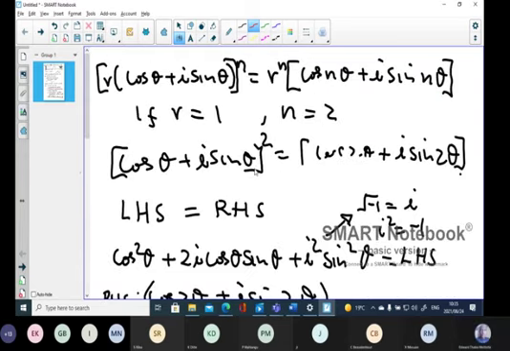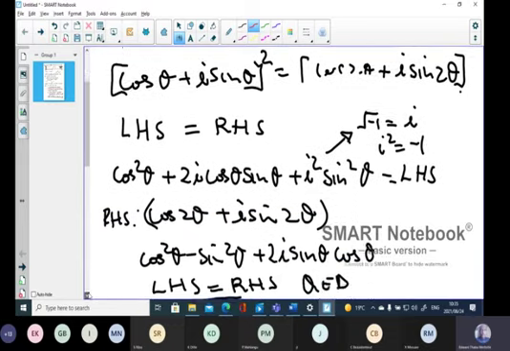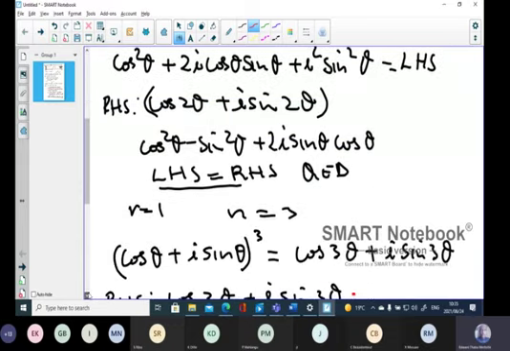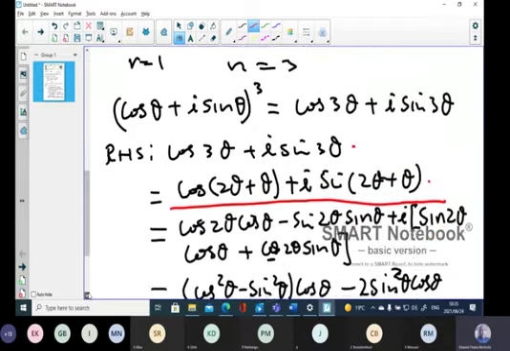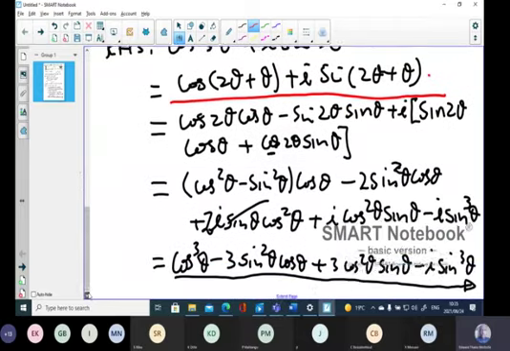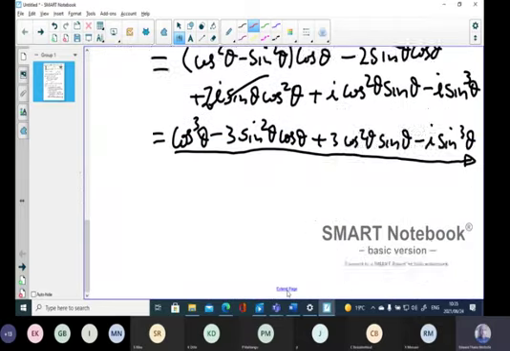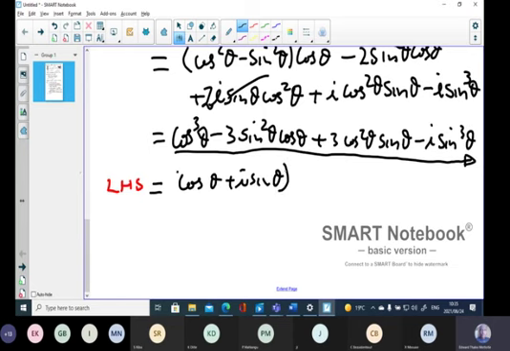Now, I want to go to prove that one. It's going to need Pascal triangle, the one that I've just discussed. Okay, LHS. Okay, I think the darker one will be preferred here. LHS, we have cos theta plus I sine theta to the power 3.